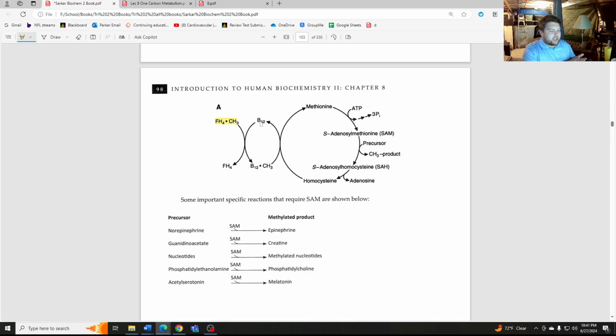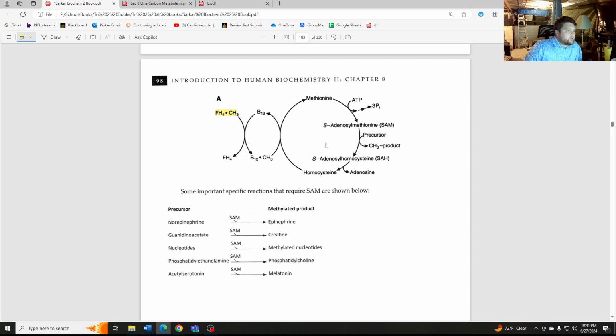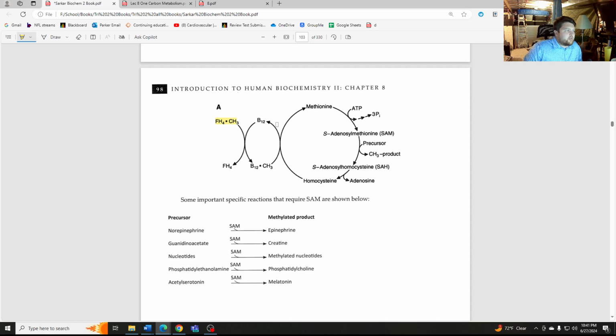If we need folate for specific things, we leave it with folate. If we need it for something else, we get it from the 9 to the 12 to the methionine, which then gives it to the SAM, and it goes and does what it needs to do.